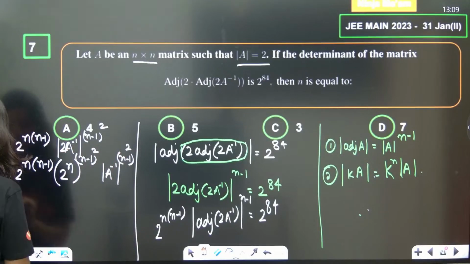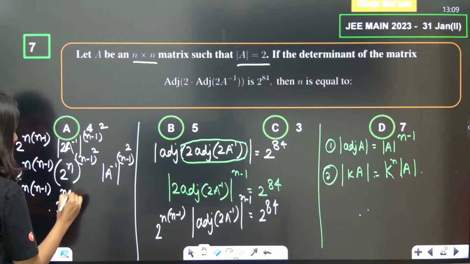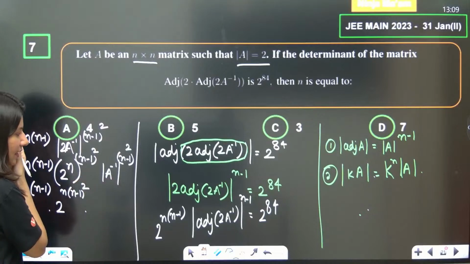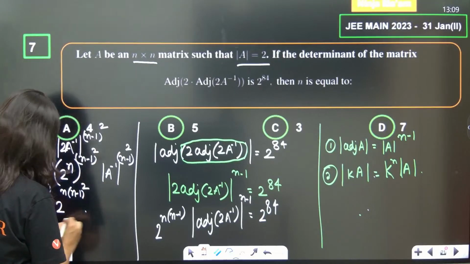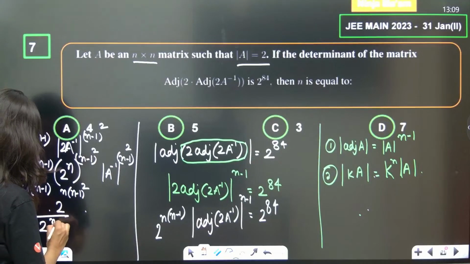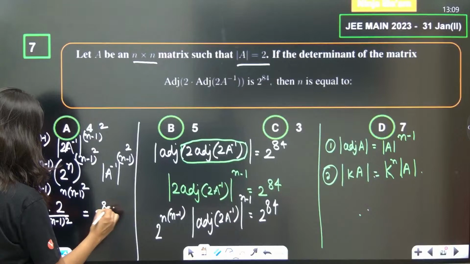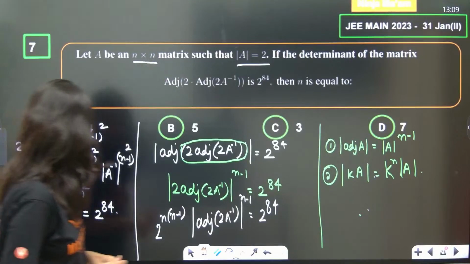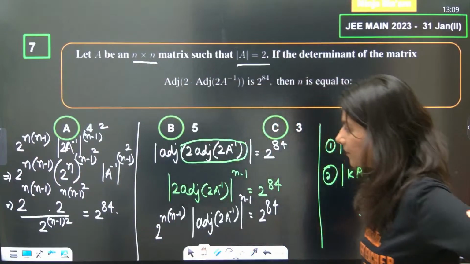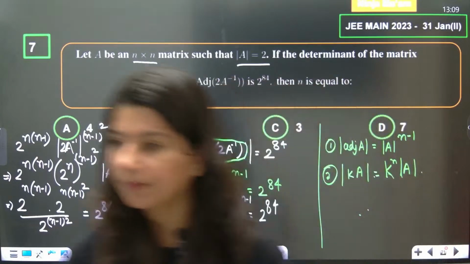Okay. So this is 2 power n minus 1, then this is 2 power n minus 1 whole square. Correct. What about this? This is 1 upon determinant A. So determinant A is 2, so 1 upon 2, to the power n minus 1 whole square, is equal to 2 power 84. Correct? Getting it? Yes? Okay.